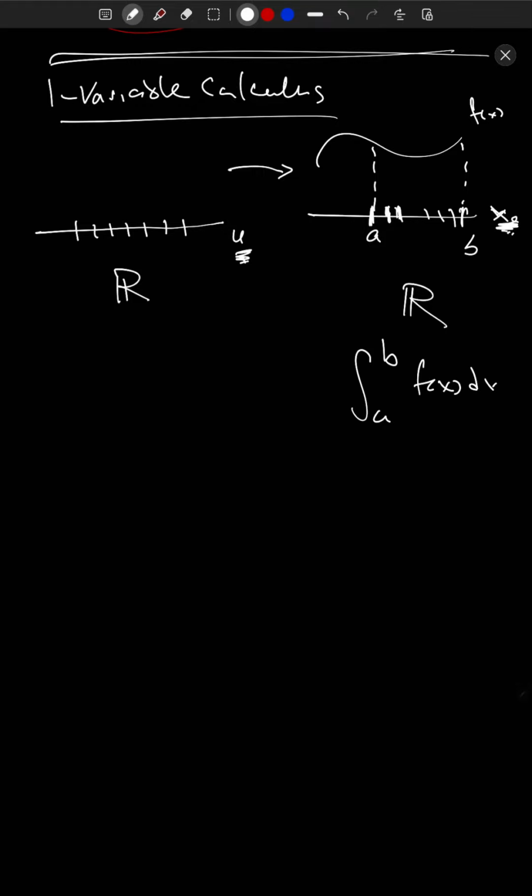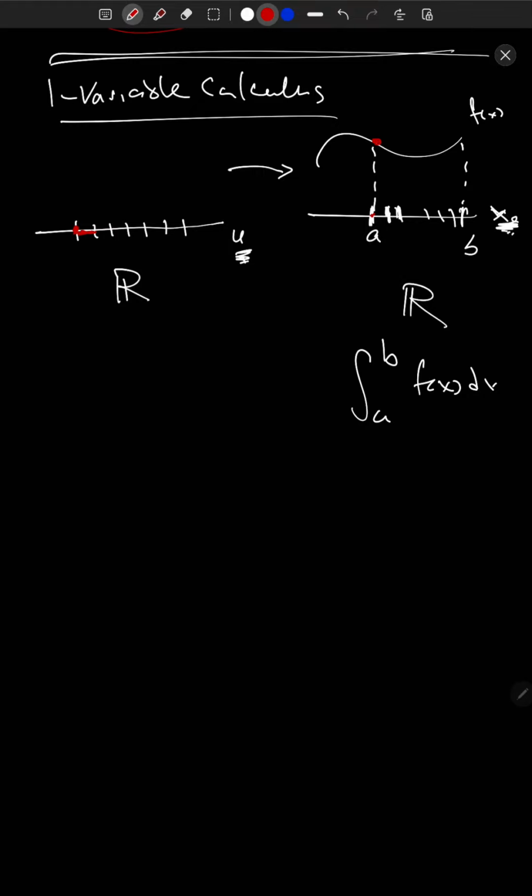Well, one approach is to look at how we integrate. We integrate by adding up rectangles, in one variable calculus, so areas of rectangles. So what we can do is take each of these guys here, and look at the value of my function above this point here. I take this point here, that maps to a.